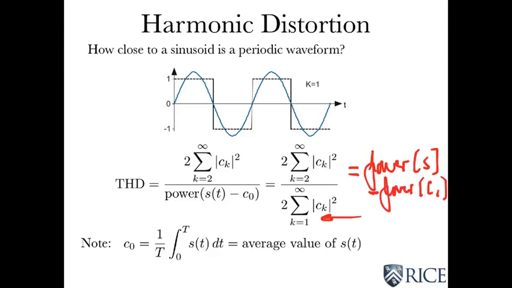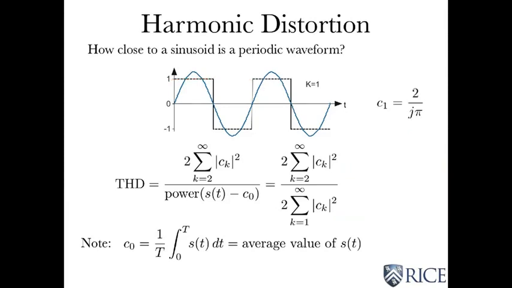So I can use that to compute my numerator. The only thing we have left is to compute the power in the signal. Well, that's easily done. You just square the signal, which in the case of the square wave is going to give us a value of 1. Integrate that over a period, divide by the length of the period, we get 1. So we can find the power in the original signal usually quite easily.